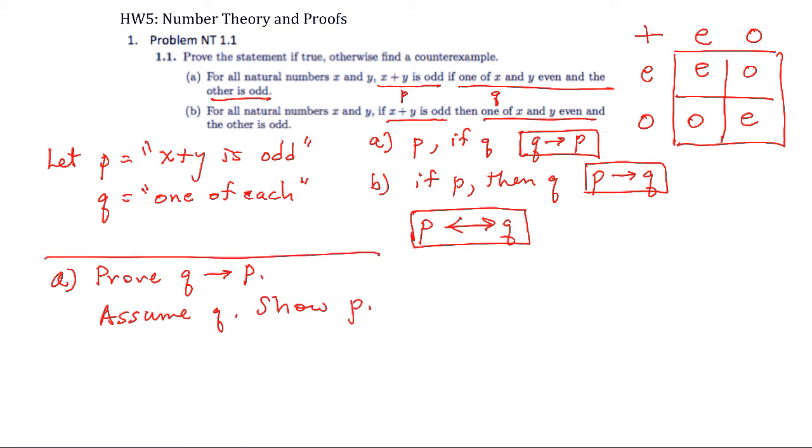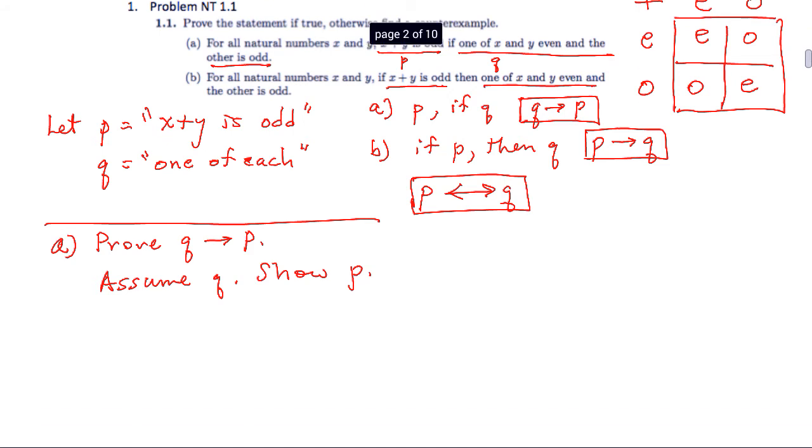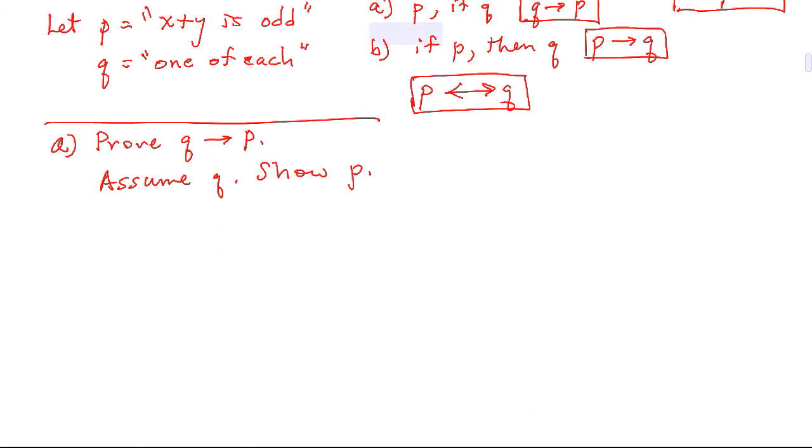Let me give myself a little bit more room here. Q says that we have one of each, and I'm going to let x be even and y be odd. Okay, I don't have to consider the reverse situation because x and y are dummy variables, and I could have just reversed their names.